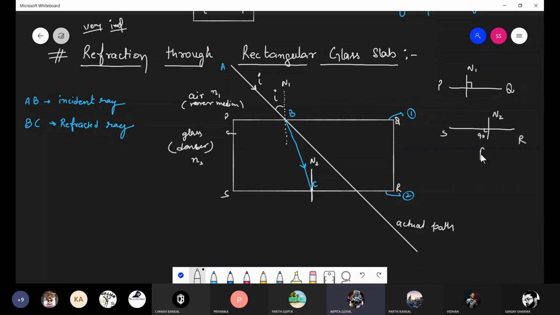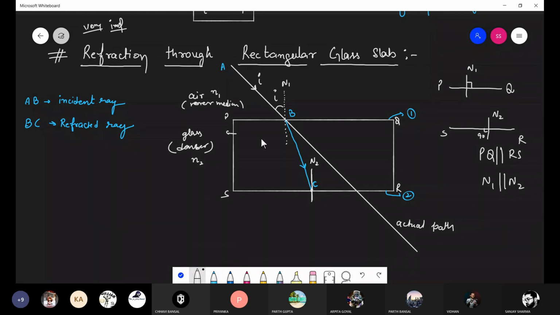If PQ is parallel to RS, then is normal 1 parallel to normal 2 or not? Yes. Normals are brothers. It means on parallel surfaces, normals are always parallel.